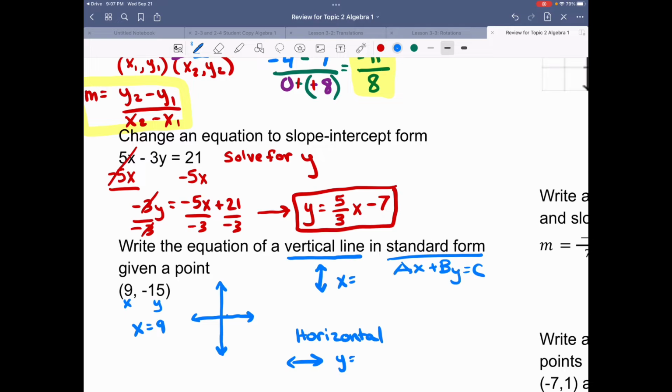I'm going to do that in a different color. 1, 2, 3, 4, 5, 6, 7, 8, 9. It would be like this. That would be the vertical line that goes through x equals 9, and the y equals negative 15 would be somewhere down here, but it really doesn't matter. All of the y's will be included, but it'll always be x equals 9.